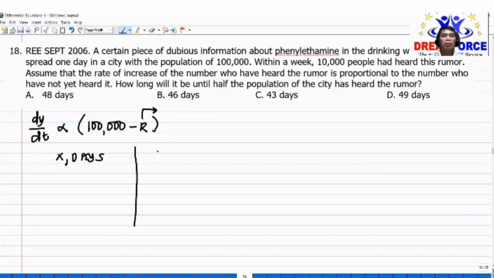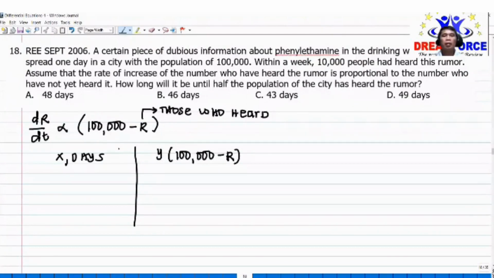Dito na naman, yung y natin ay 100,000 minus those who heard. Okay? Those who heard the rumor are proportional to those who have not yet heard.